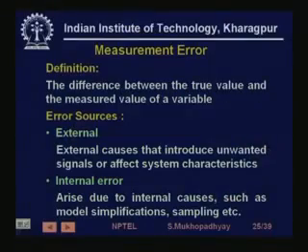So such things can happen, or sometimes they may arise due to internal causes, like internal noise, etc. Or sometimes they may arise due to model simplifications. That is, we assume that something is linear, for example platinum RTDs, or nickel RTDs more pronouncedly. If you assume them to be linear, then because you have simplified the model, actually they are not linear over the temperature ranges, so you are going to get measurement errors.